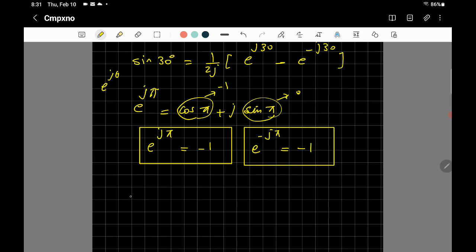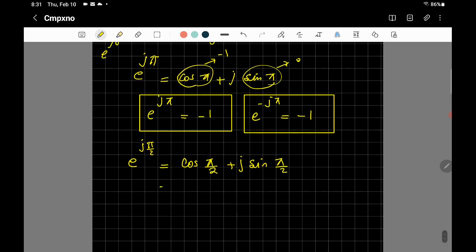Well, let's take another special case. e to the power of j pi over 2 will be equal to cosine pi over 2 plus j sine pi over 2. Cosine pi over 2 is equal to 0. That's 90 degrees, cosine 90 degrees equals 0. Sine pi over 2 is equal to 1.